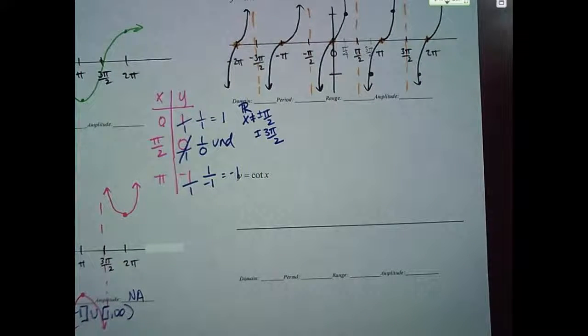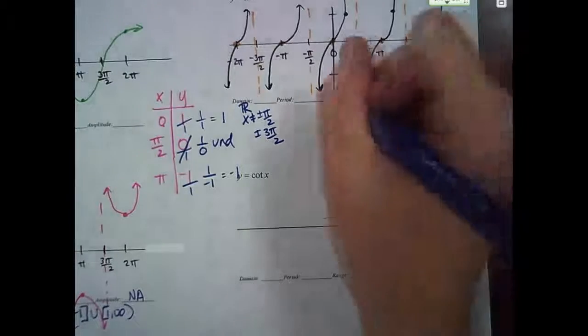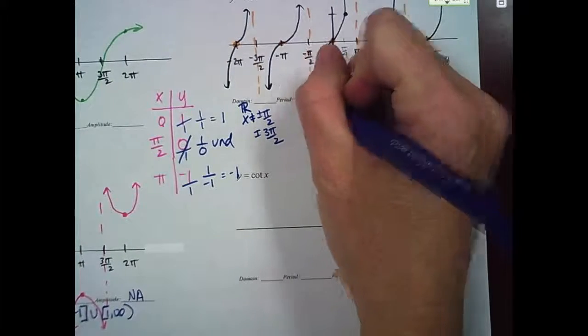The period is different. Does it have 2 different shapes? No, it's the only one so far that didn't go up and down. It's the same shape, so how much do I need? Do I need all the way around or halfway around? What is halfway around in a circle? Good. Good job. So the period is pi.